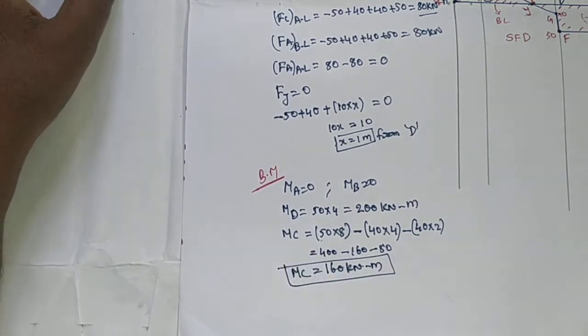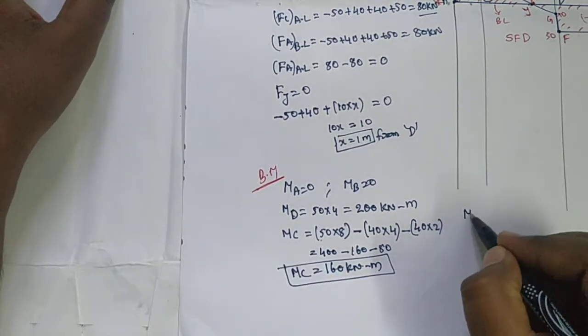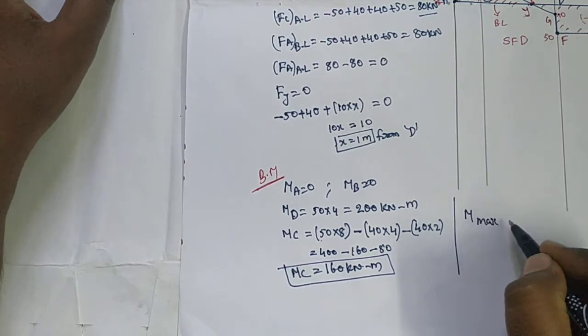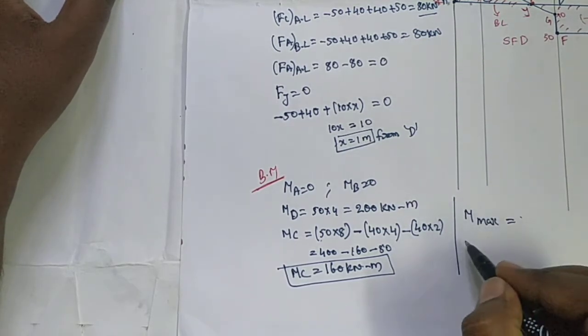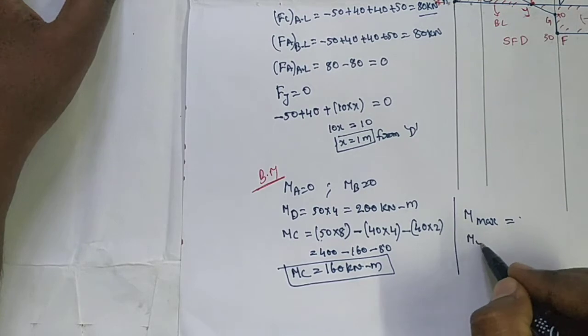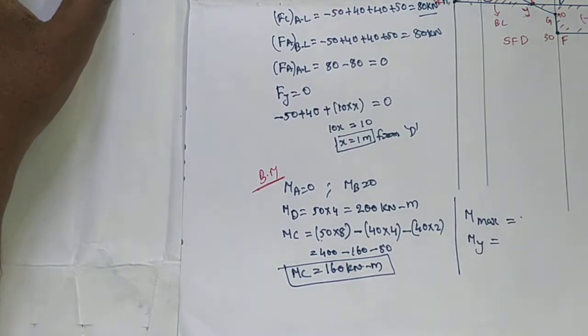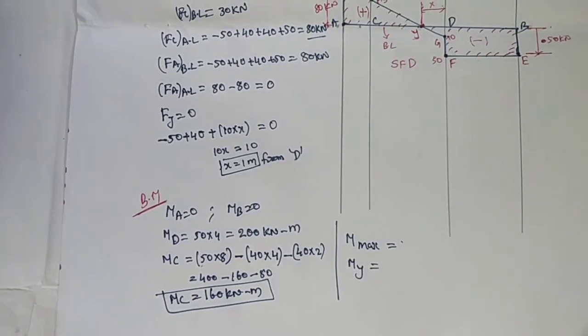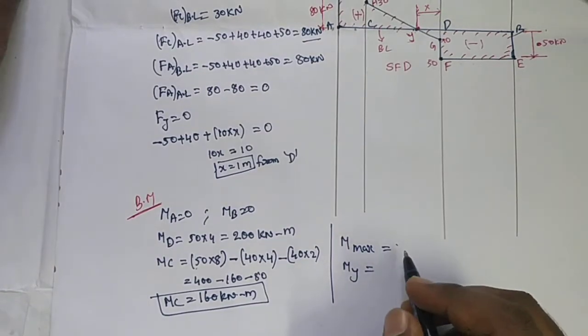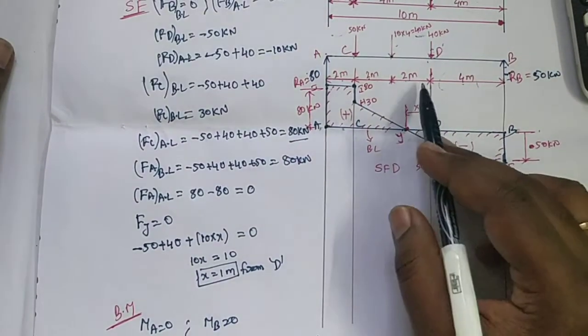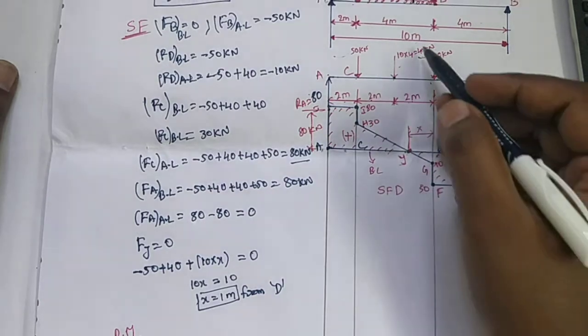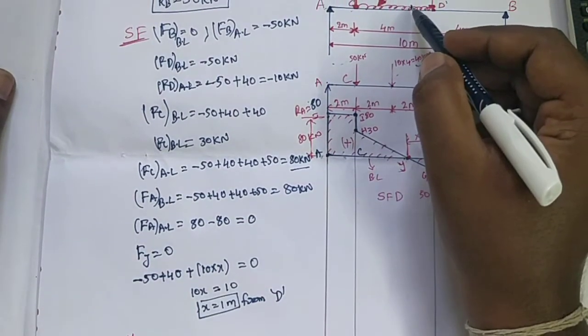Next, similarly we need to calculate maximum bending moment, that is bending moment at point Y. At this point we need to calculate bending moment, so that approximately it is acting at this point.